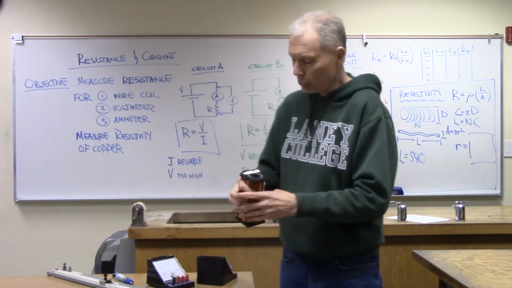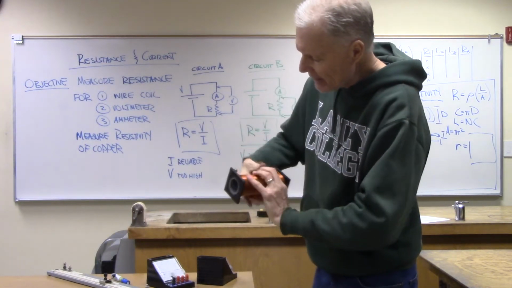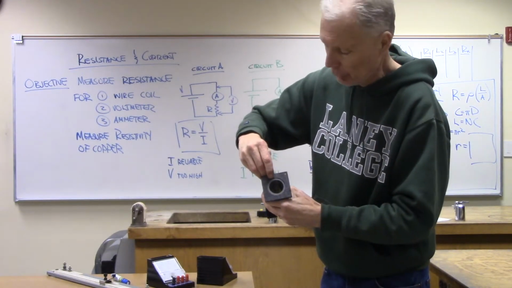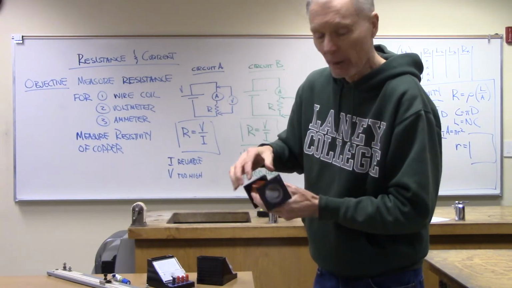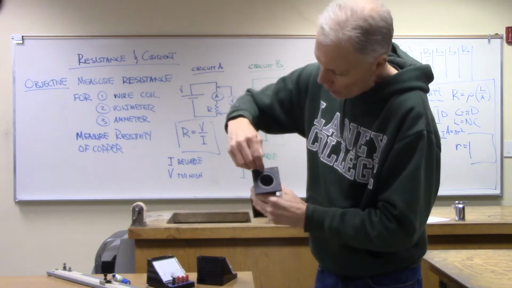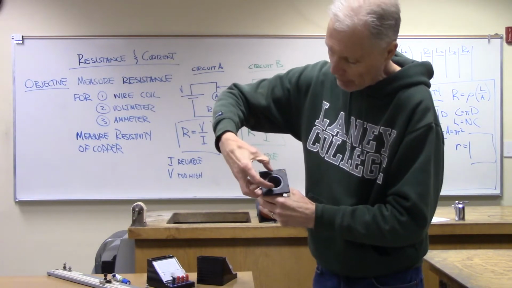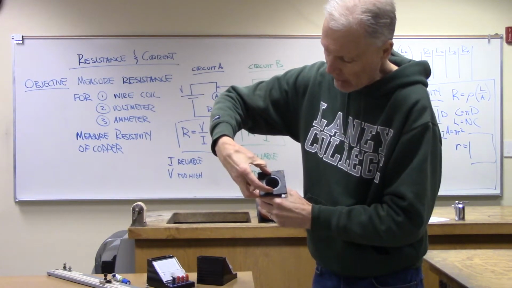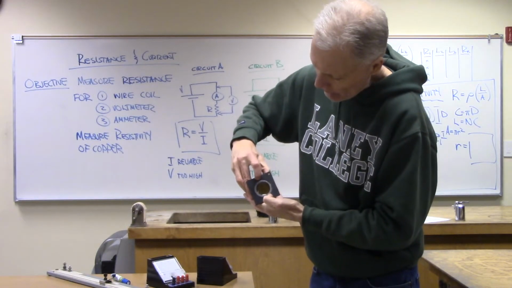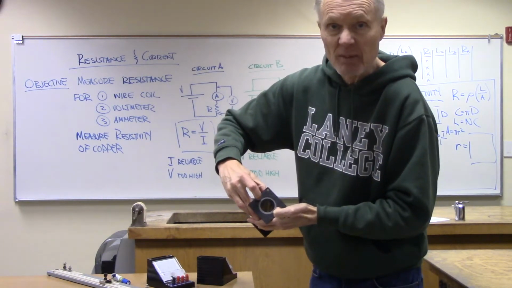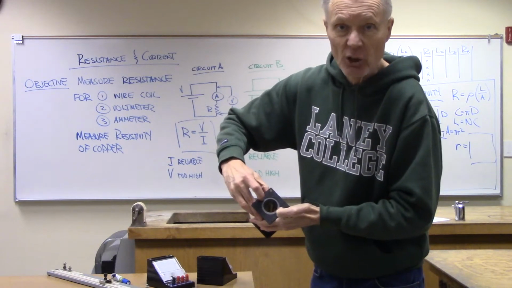I need to get a ruler out. On the end here, you can see there's a gray cylinder. That's what the wiring is wrapped onto. So that gray cylinder is going to give me an inner diameter, if I measure from side to side, the diameter of the piece of plastic that the wiring starts out at.